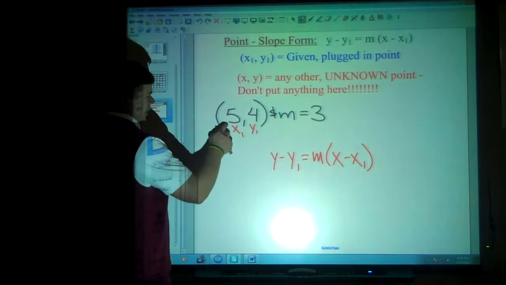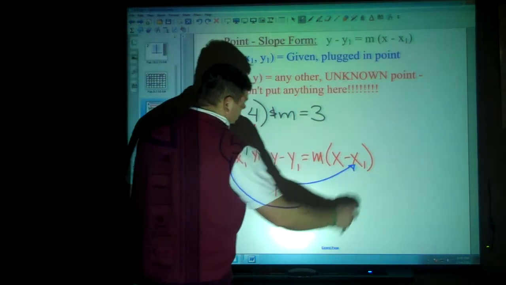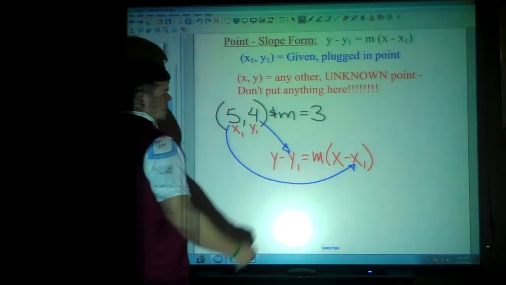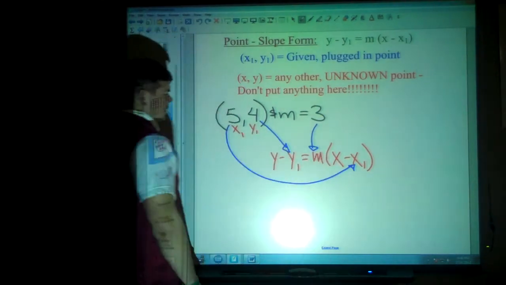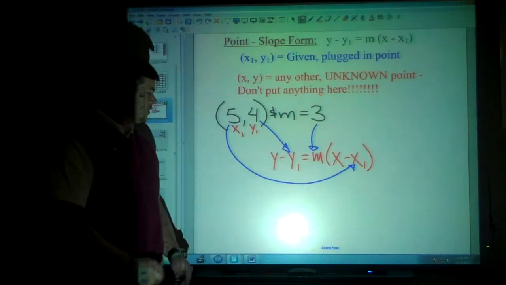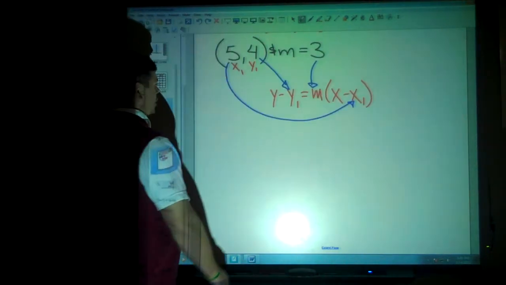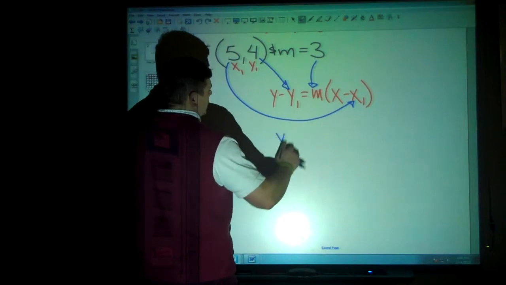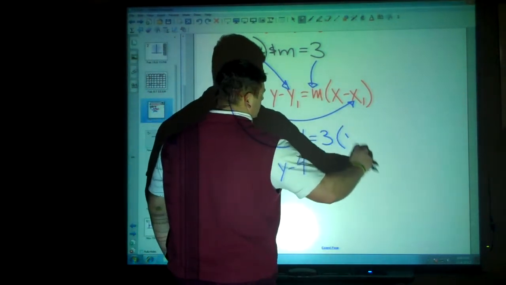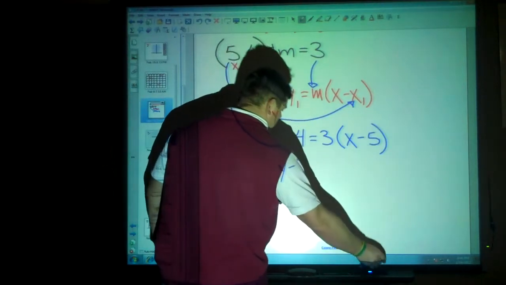So our x value of 5 is going to go here. Our y value of 4 is going to go here, and our 3 is going to substitute there. We will not put anything in for the y or the x. So our final answer could look like y minus 4 is equal to 3 times x minus 5.